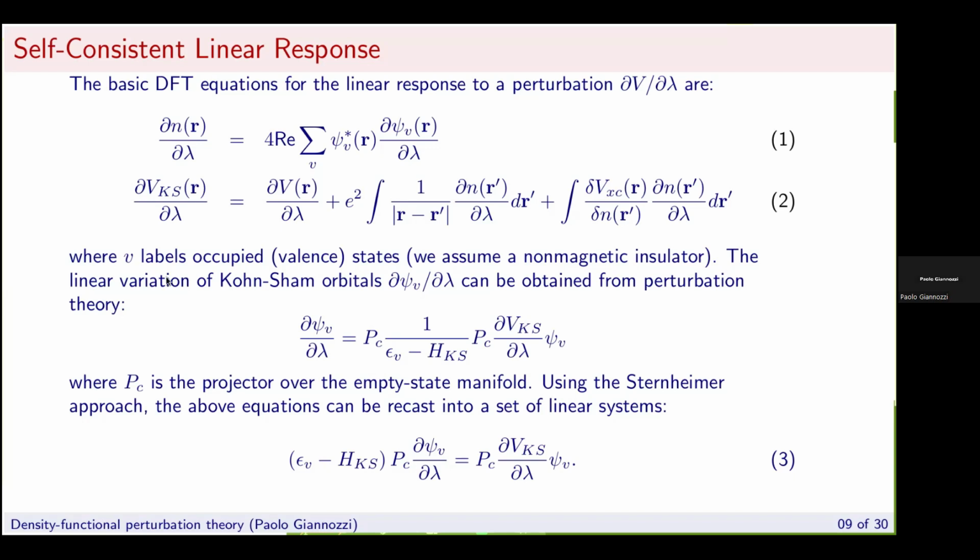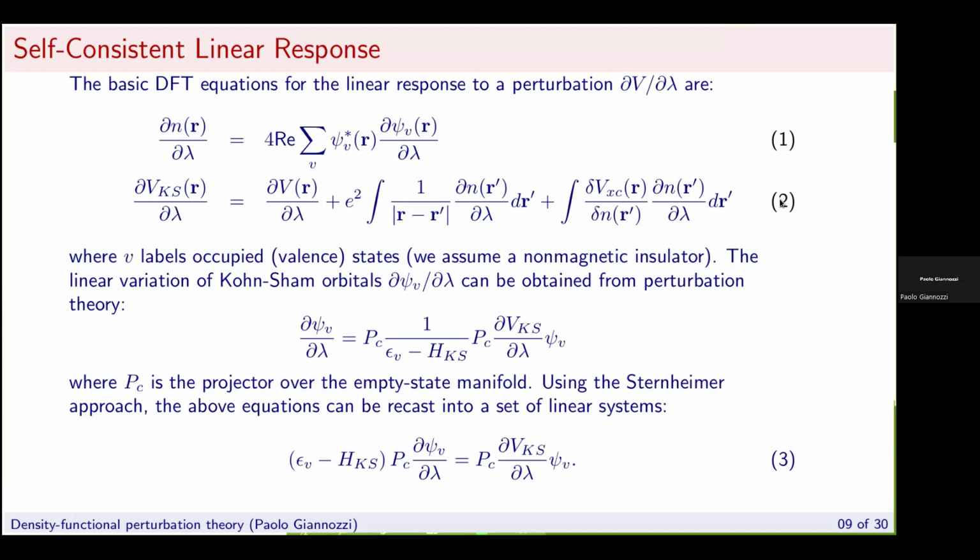And how does the Kohn-Sham potential change? The Kohn-Sham potential changes via a bare term, the explicit derivative of the external potential with respect to lambda, plus a term coming from the linearization of the Hartree potential, and a term coming from the linear response of the exchange correlation potential.